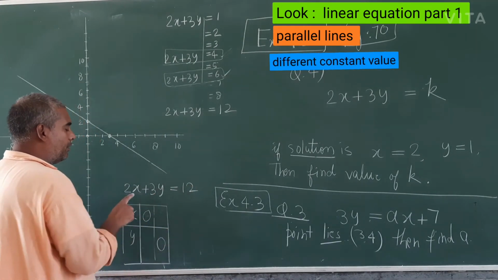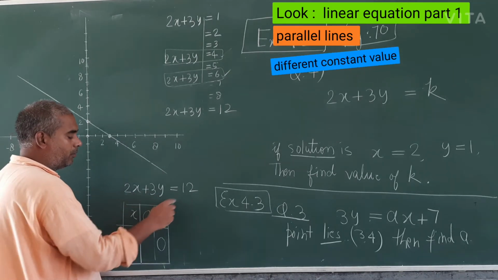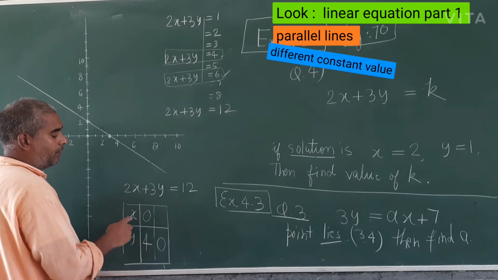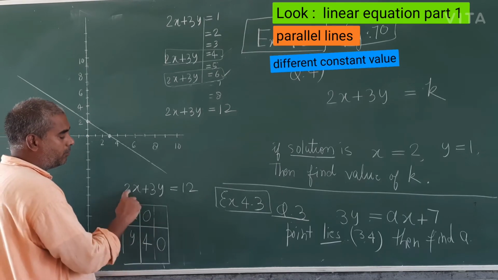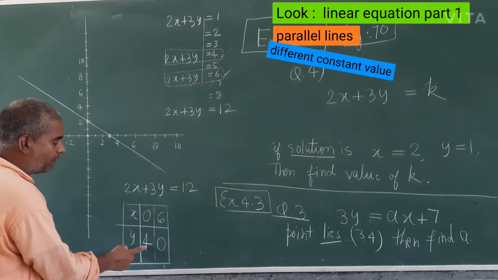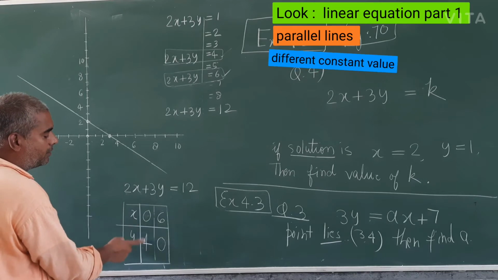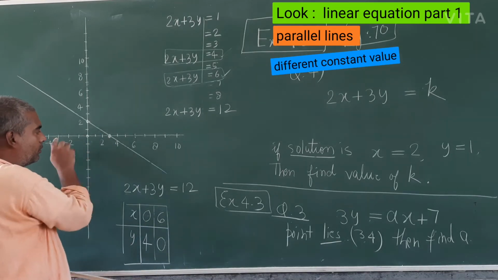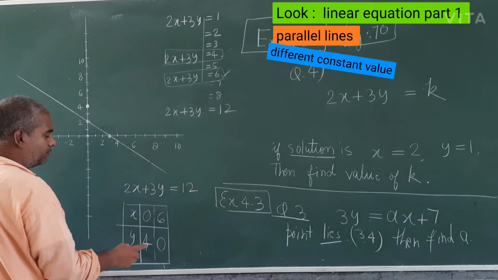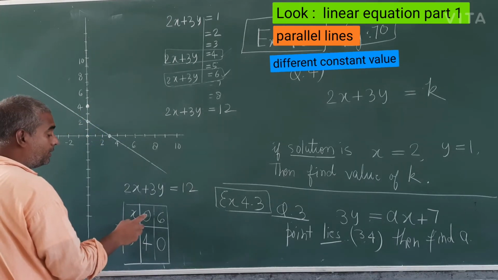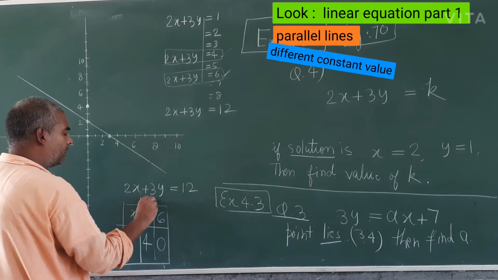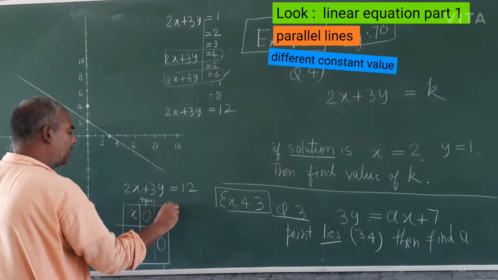For 2x plus 3y is equal to 12, when x equal to 0, y is equal to 4. This is the point 0 comma 4, where x is 0 and this is the y axis, and the second one is the x axis.